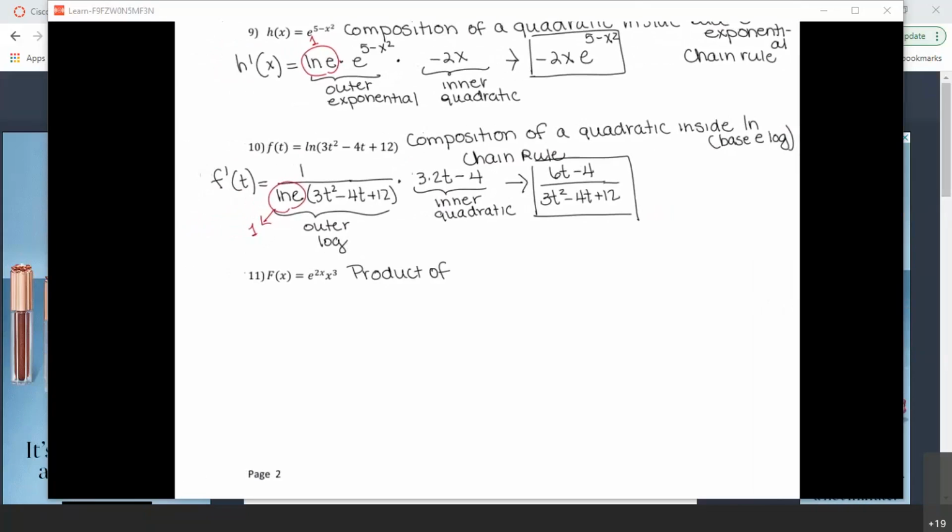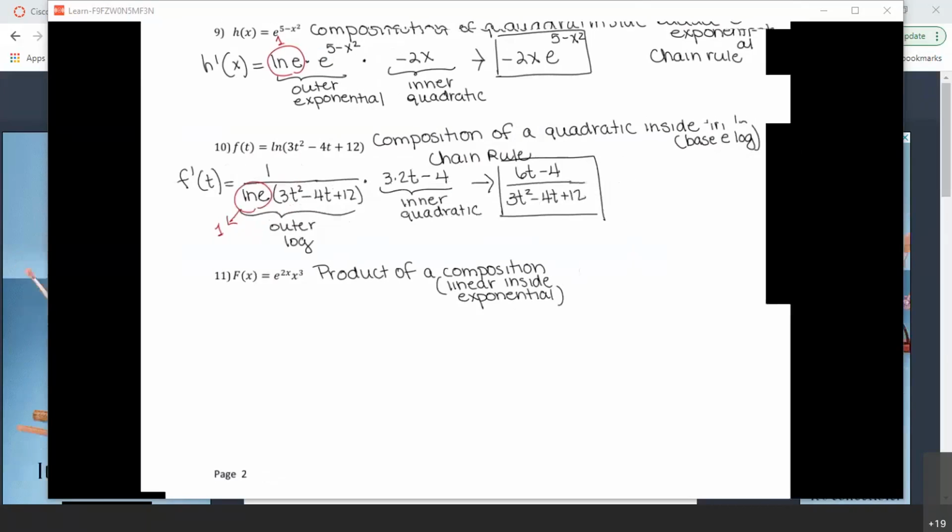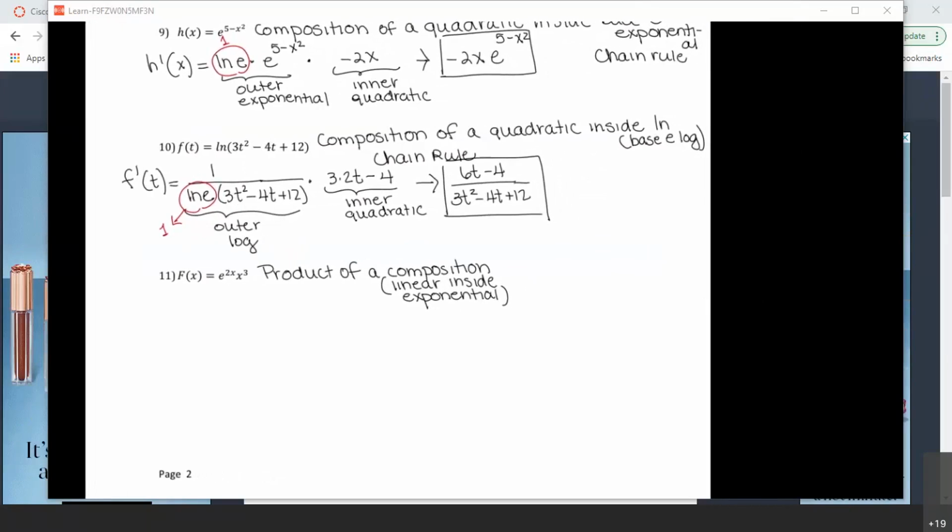And the e to the 2x will actually involve a composition, right? It's a linear inside of an exponential. Whenever you're looking at an exponential function and that exponent isn't x all by itself, you've got a composition.